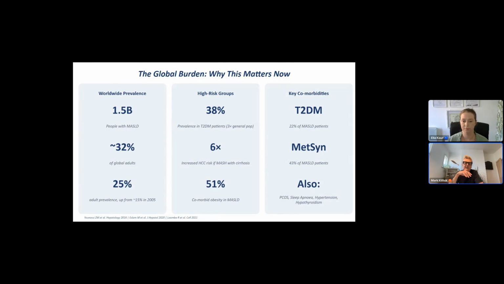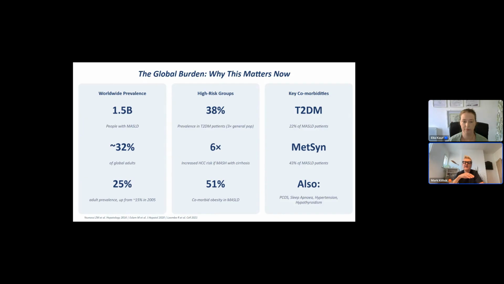So let's look at the scale of the problem itself. We have 1.5 billion people worldwide suffering with fatty liver disease, and the prevalence has nearly doubled since 2005. It's in lockstep alongside obesity and type 2 diabetes.